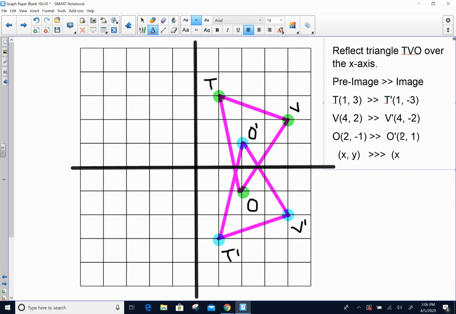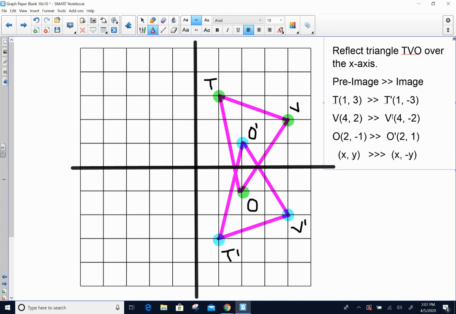So I'm going to keep that as just regular x there. My y's, I went from 3 to a -3, 2 to a -2. My O was -1 to a +1. So my y's are now the opposite. And we show opposite by that negative sign. That means opposite of what your y was in your pre-image.